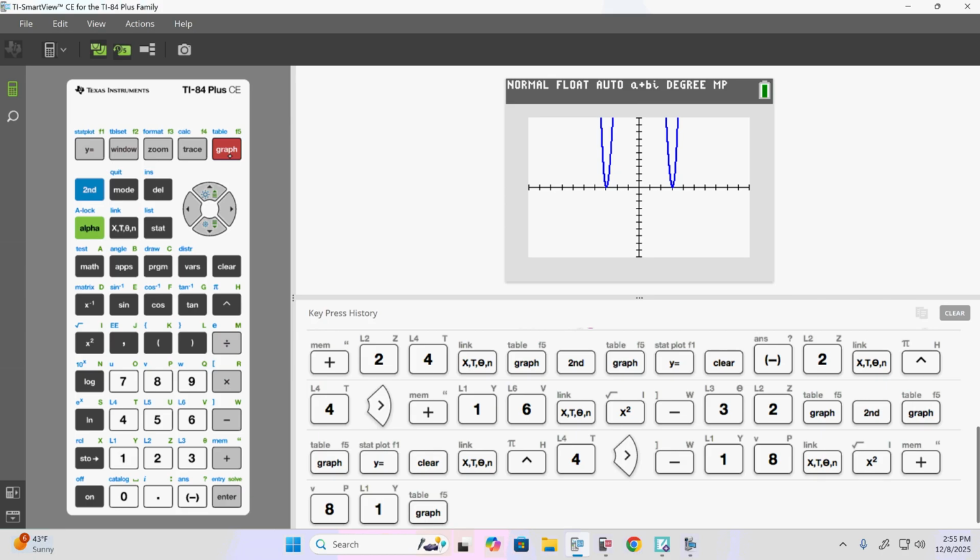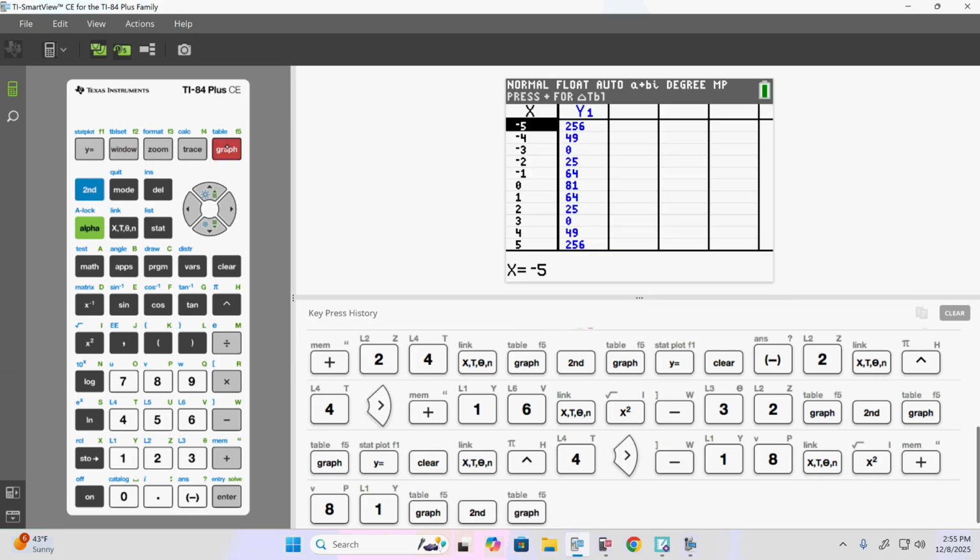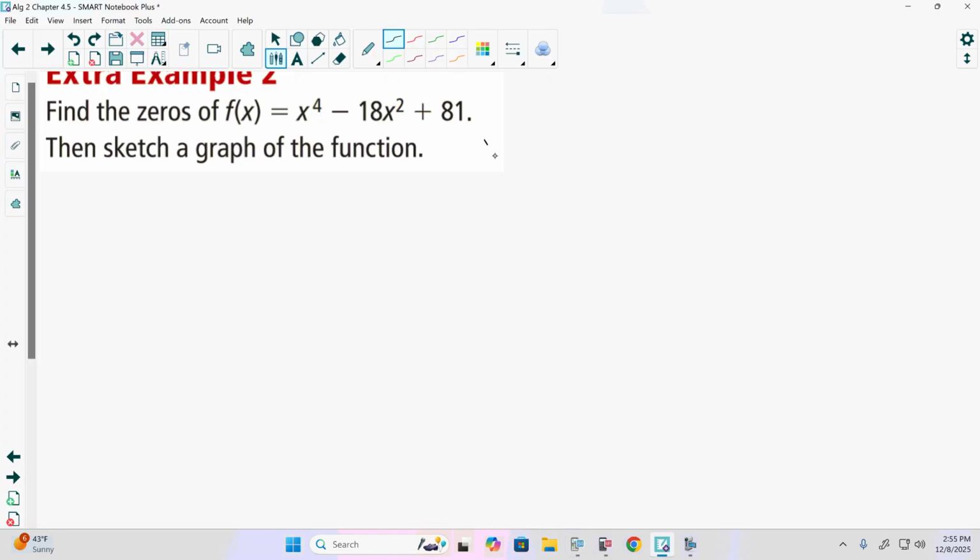So we do see it intersects the x-axis in 2 places. The graph tells me that the values of x that make this function equal 0 are 3 and negative 3, yes? So we can come back over here. I know x is equal to 3, comma, negative 3. Now, it does look like it intersects the x-axis but does not cross it, so there's a good chance that there's an even multiplicity.